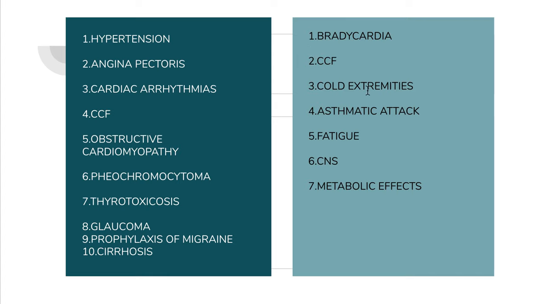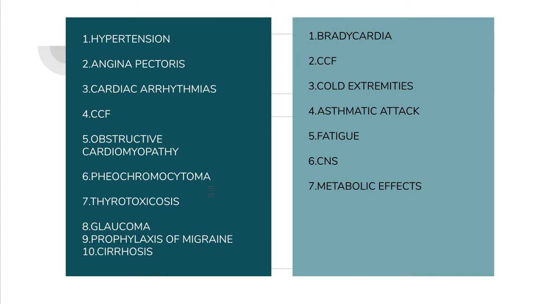Cold extremities, especially in patients with peripheral vascular disease, it is contraindicated. Beta blockers may precipitate an acute asthmatic attack because of beta 2 blockade. There's fatigue, CNS, metabolic effects due to reduced glycogenolysis and gluconeogenesis.